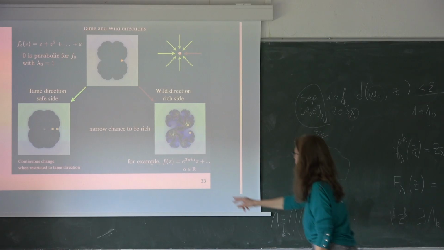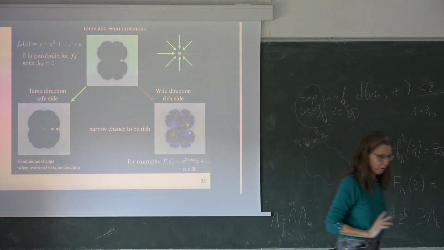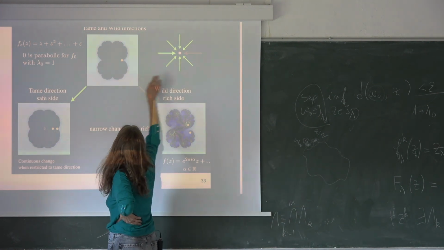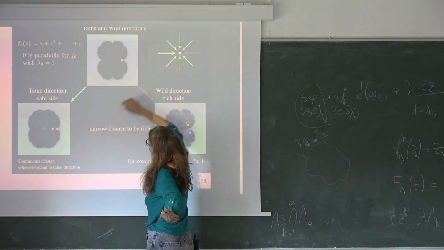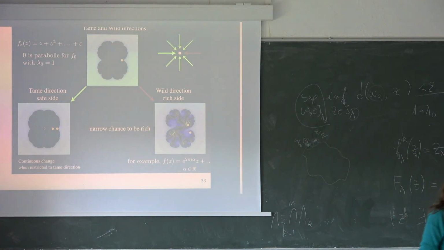Okay, no, it's for alpha. Sorry, it's for alpha, it's not for epsilon. Okay, sorry. And if you are in all these other directions, you have a nice continuity of the picture.